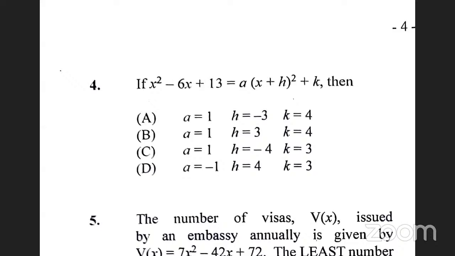So just figure out where H is. You don't have to work out K, just work out H. Let's see what you got.